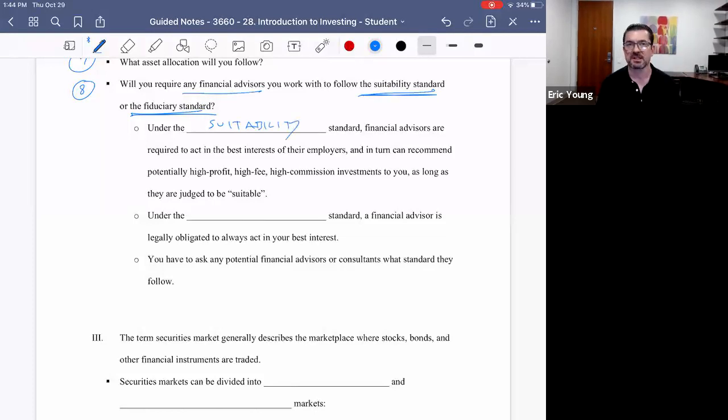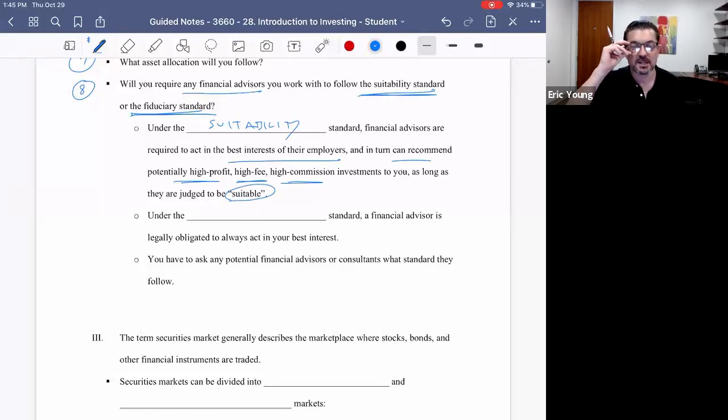Under the suitability standard, get this, financial advisors are required to act in the best interest of their employers. And therefore, in turn, they can recommend to you potentially high profit, high fee, high commission investments, so long as they judge them to be suitable for you.